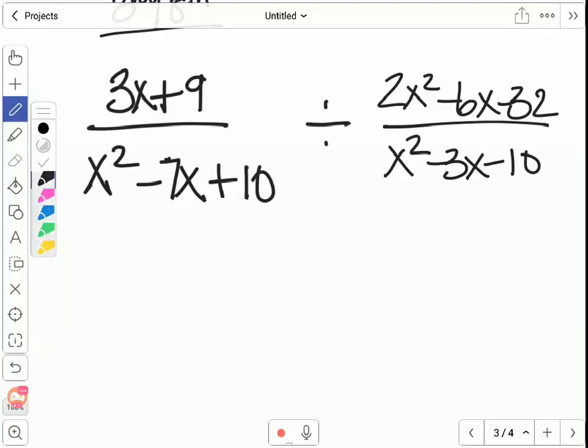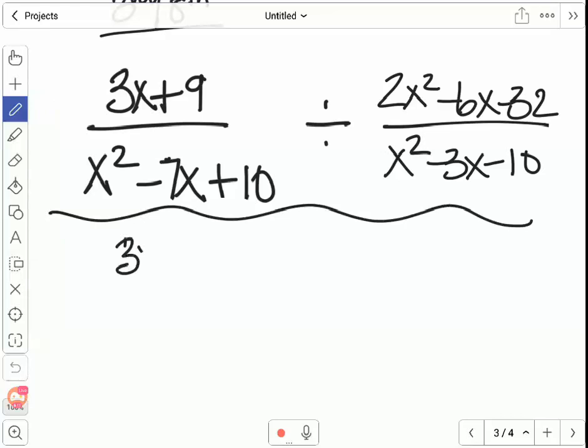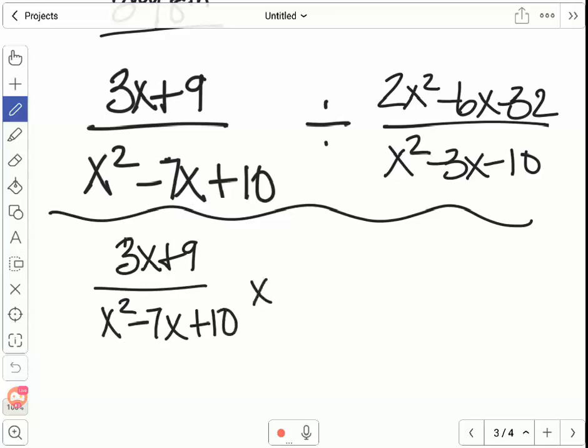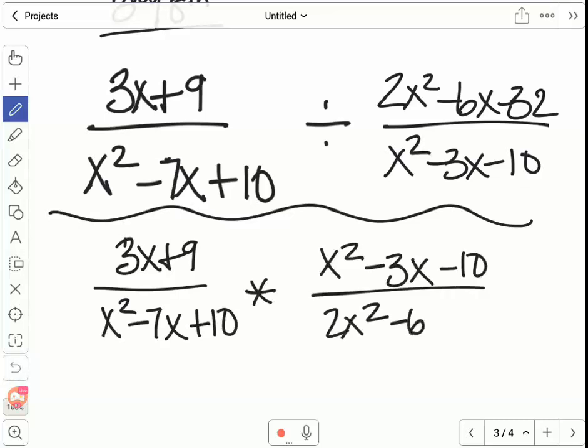So I'm going to rewrite this, instead of a division problem, as a multiplication problem. 3x plus 9 over x squared minus 7x plus 10 times, and then I flip this fraction on the end, x squared minus 3x minus 10 over 2x squared minus 6x minus 32.